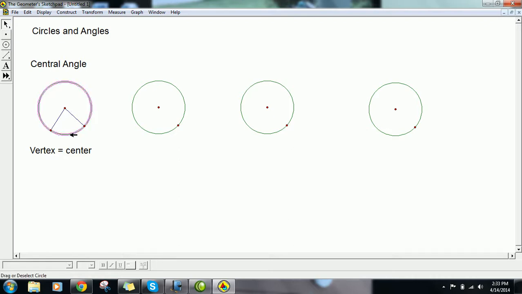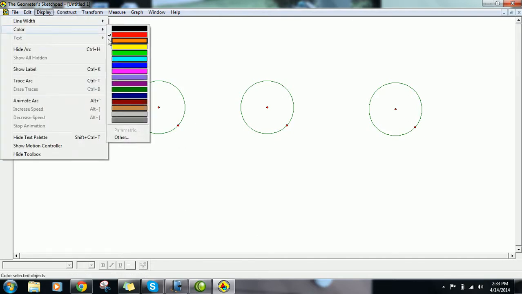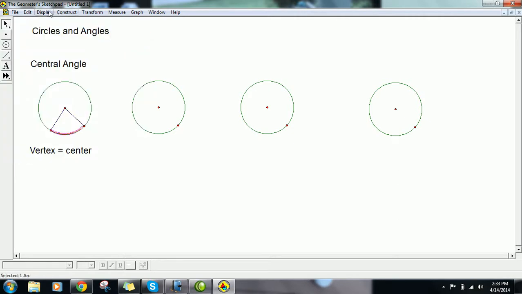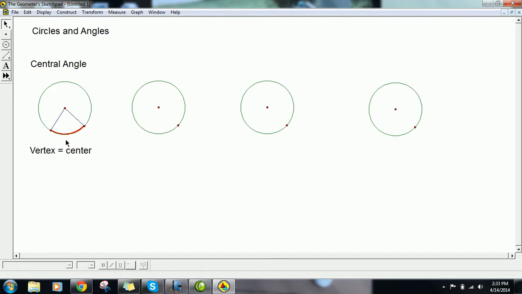So I'm going to highlight that arc that is cut by that central angle, and we'll make it red, and we'll make it nice and thick. So this central angle here, vertex is the center, cuts this particular minor arc.